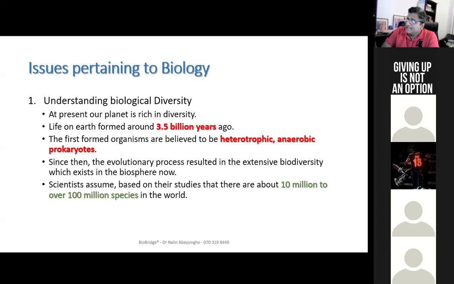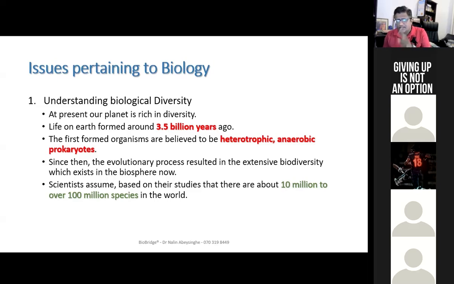This passage and the next slide also emphasize how important this question is, that is, understanding biological diversity. You have to have a sort of knowledge, or an assumption, of how big the biological world is.